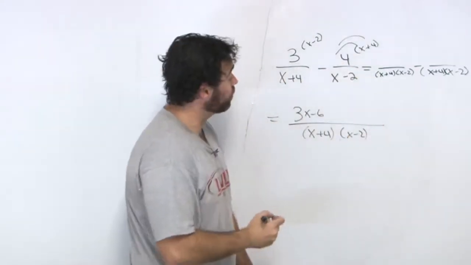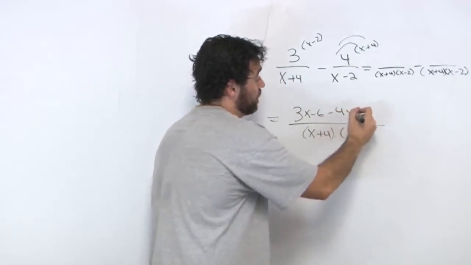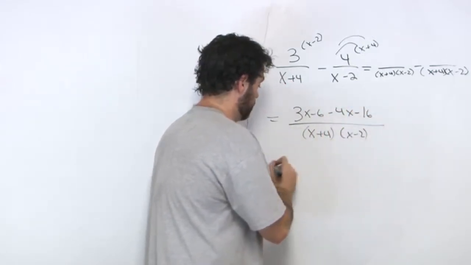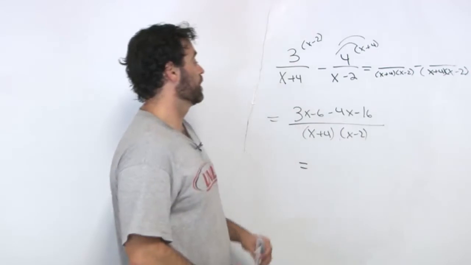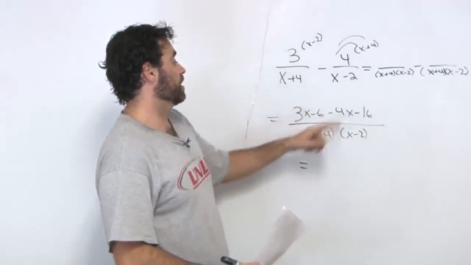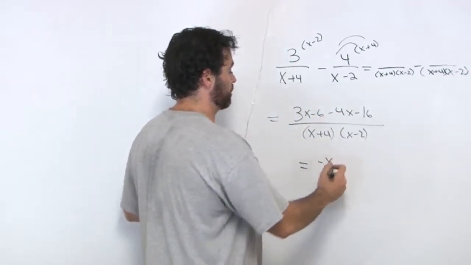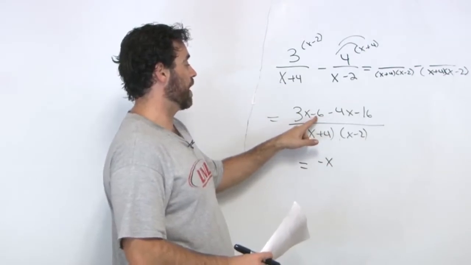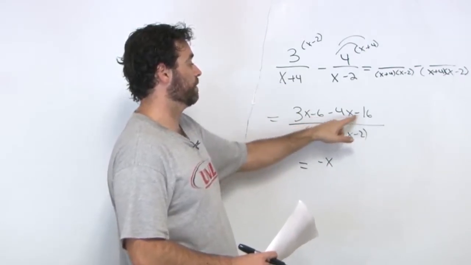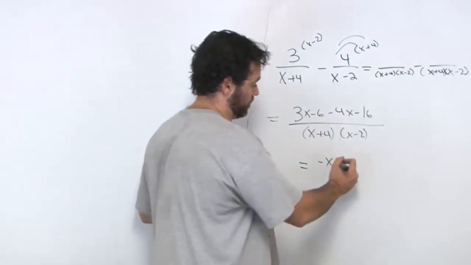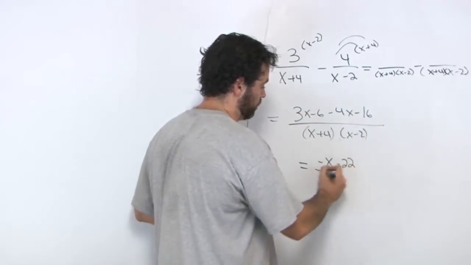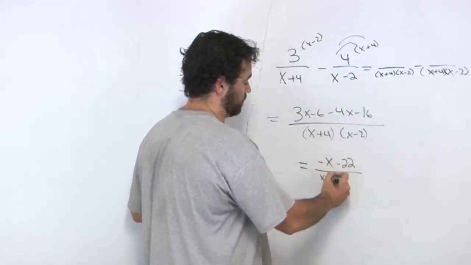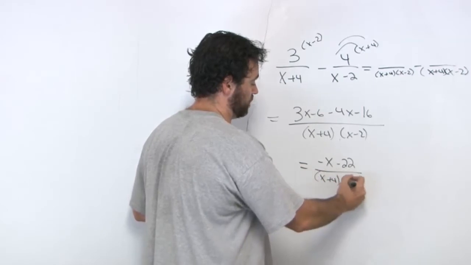Distribute out that negative 4. It becomes negative 4x minus 16. Okay, combine your like terms. I'm going to do 3x minus 4x is negative x. Negative 6 minus 16 is negative 22 over x plus 4 and x minus 2.